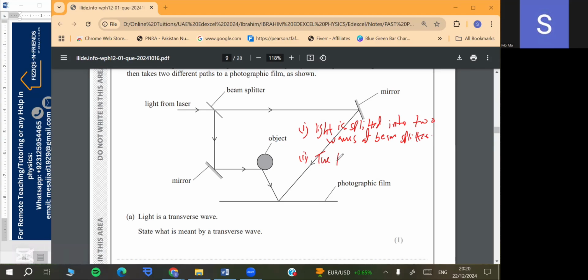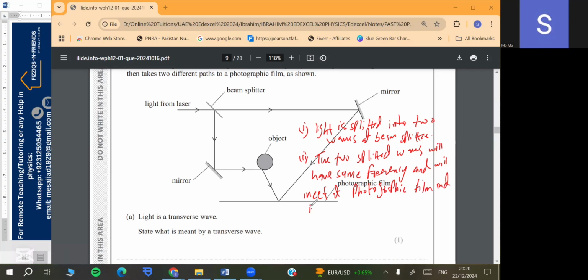Okay, the two split waves will have the same frequency and will meet at the photographic film, and interference will take place between the two waves.